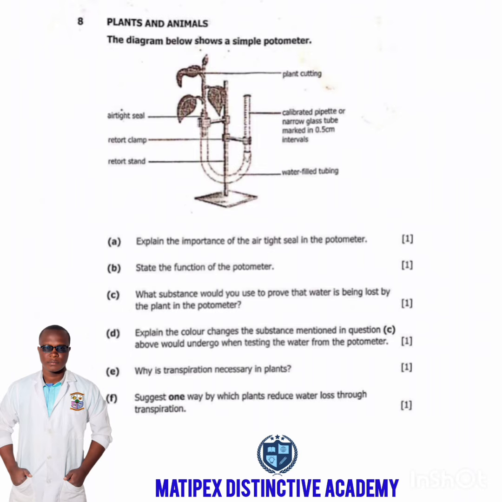What substance would you use to prove that water is being lost by the plant in the potentiometer? So the substance we use is the blue cobalt chloride paper.